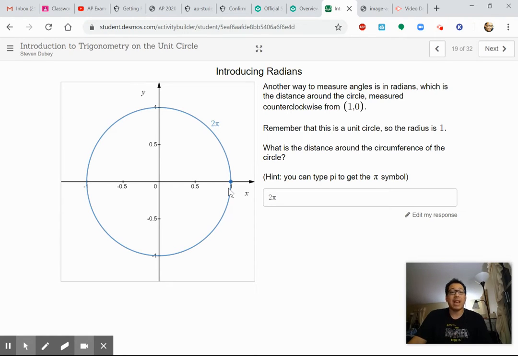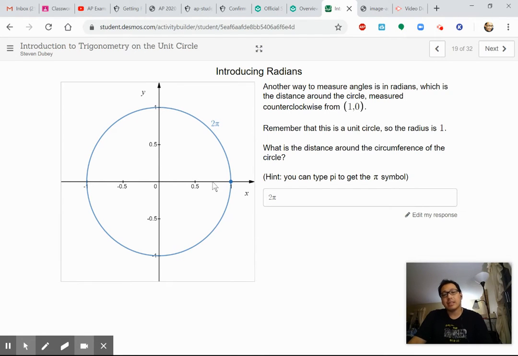And that's true for any circle. This is why I would say that radians are a better way to measure angles. If we were measuring in degrees, there's 360 degrees around this circle, but 360 is a very arbitrary number. Who chose that, right? Versus in radians, there's 2 pi radians around the circle, 2 pi of the radius.